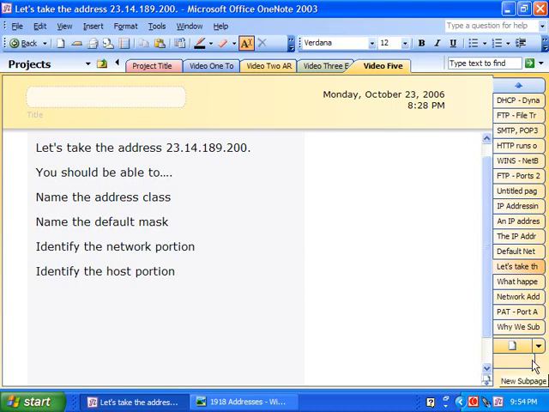A couple years ago, they tried to really push IP version 6 because the addresses are much more complex than this. They pushed it kind of hard, but the world wasn't ready for it yet. The reason it was pushed so hard is because we were running out of version 4 IP addresses. All of a sudden, every printer on every network in the world had to have a network card. Printers were networked. Everything's networked now.